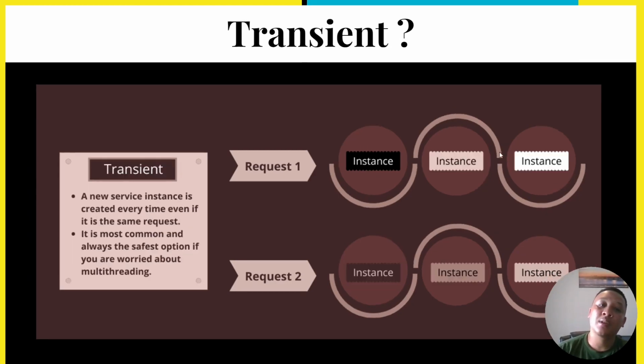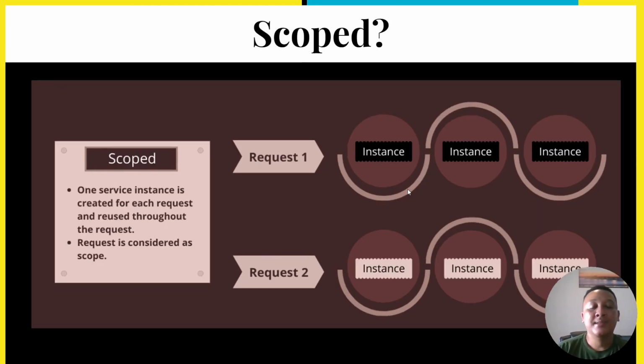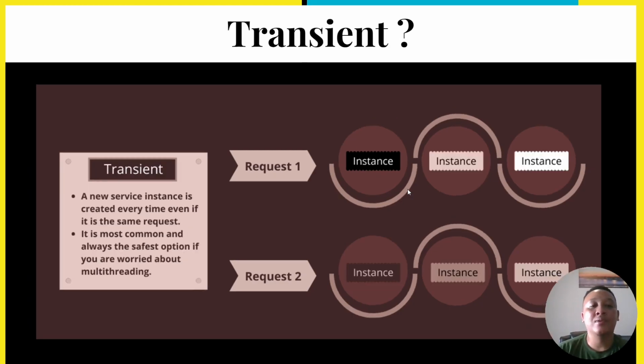While if it was transient and we called that same service twice, like getting the books and then getting a book or updating a book, it would create new instances of every dependency every single time. So it's not really the best approach when we care about the overall performance of how the application works. It's generally not the best approach, especially when it comes to recreating objects over and over.